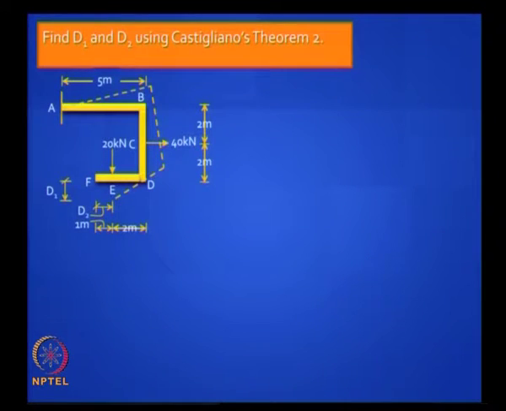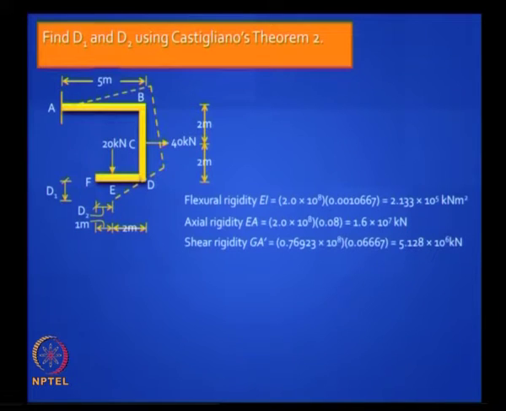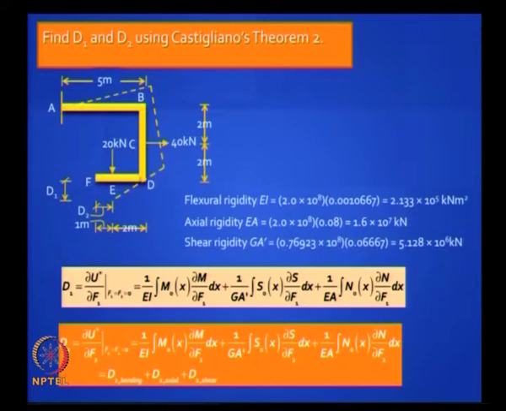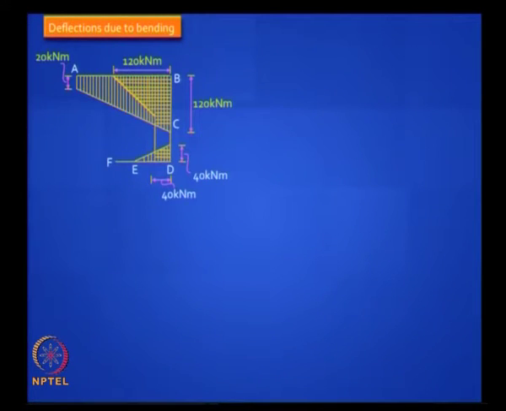You remember we did this problem finding d1 and d2 using unit load method, right? Here let us make it more complex by including axial deformations and shear deformations. I will go through it fast. You can find it using Castigliano's theorem. First find the deflections due to bending.